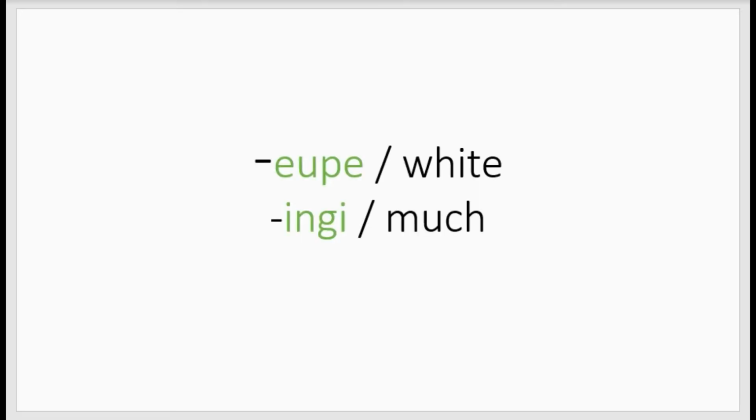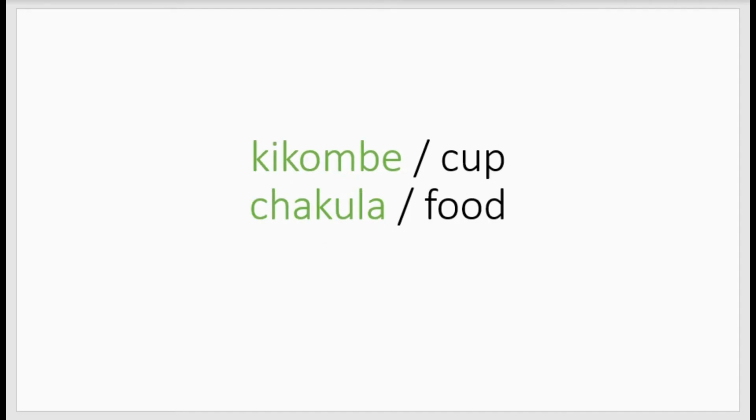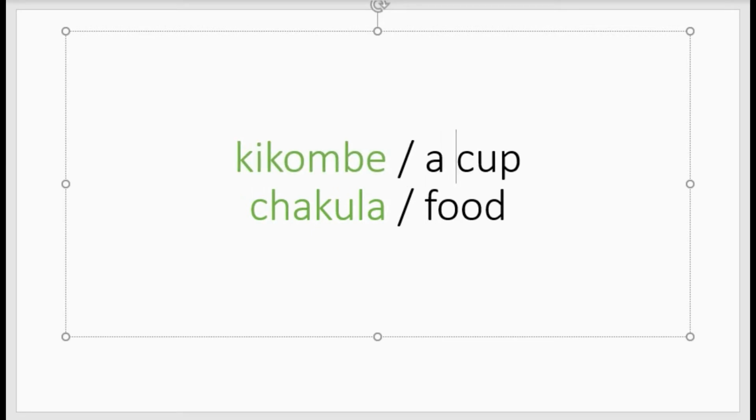Now looking at the ki-vi class. Eupe means white. Ingi means much. Kikombe, for example, that's a noun. Kikombe means a cup. Chakula means food.